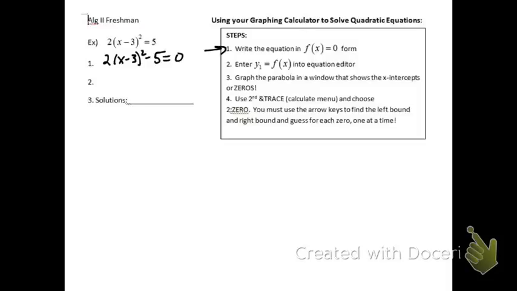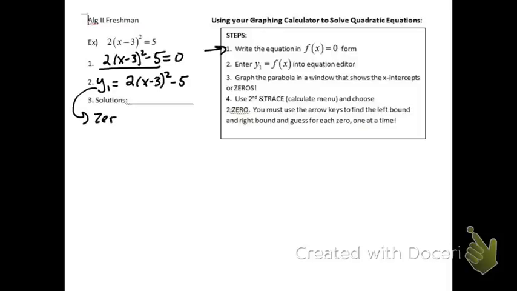The second thing I'm going to do is enter this function for y1 in my calculator. So y1 will be equal to this quadratic, 2 times (x minus 3) quantity squared take away 5. And what we're going to do is try to find the zeros of this function.